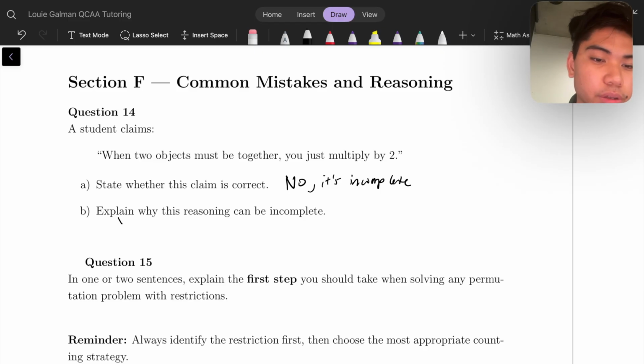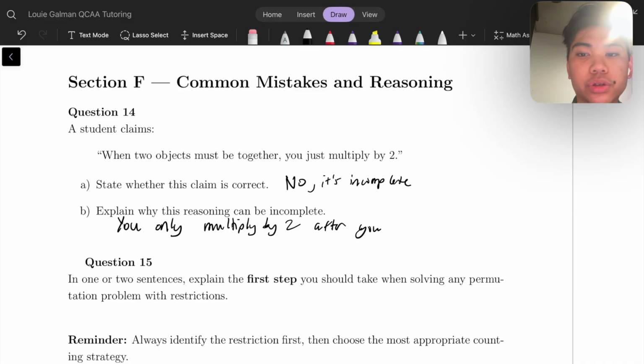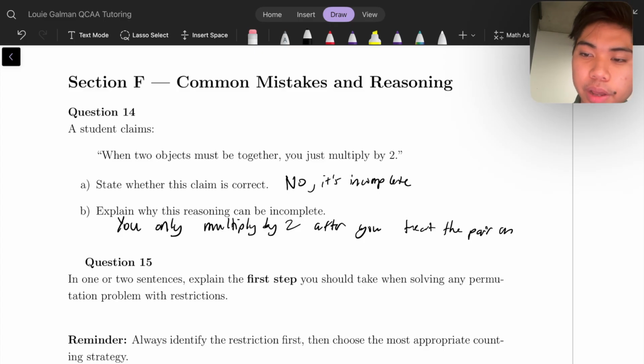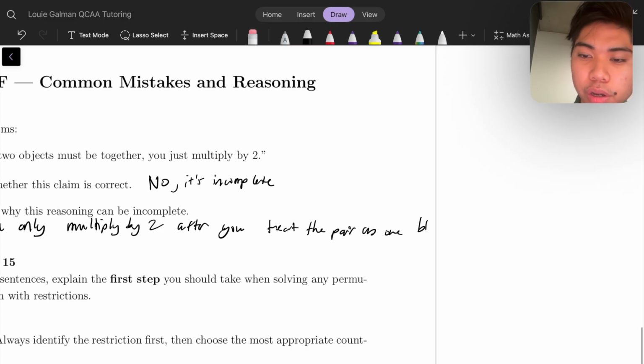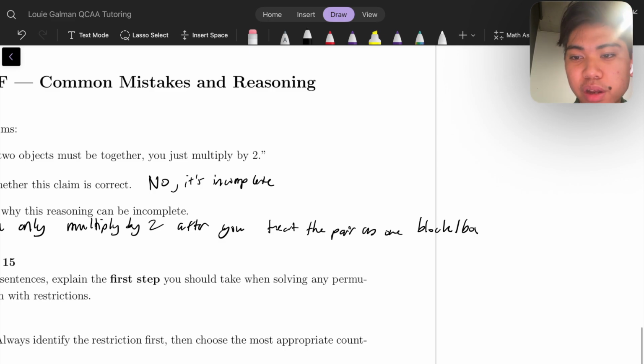It's because you only multiply by 2 after you treat the pair as one block, or if you're using the box method, like a box, and permute the rest.